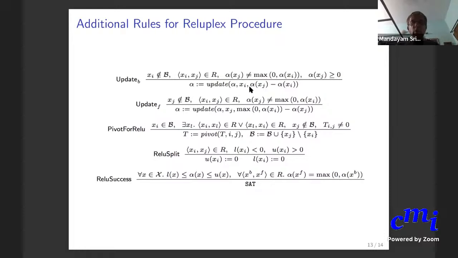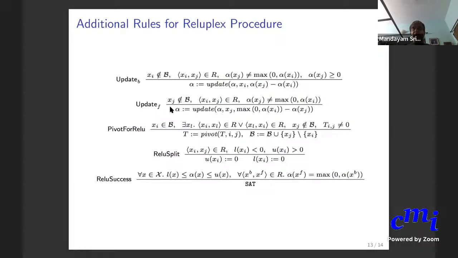So this update operation looks a little bit complicated, but it basically boils down to, I haven't shown you the exact way in which the update is defined in the paper, just making the backward node take on the same value as the forward node, because alpha xj is greater than or equal to 0, and in that case, it fixes that by making xi take on the same value.